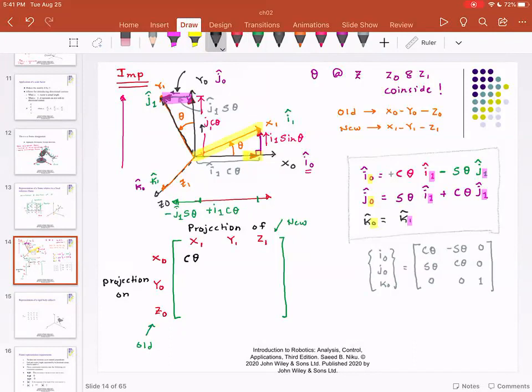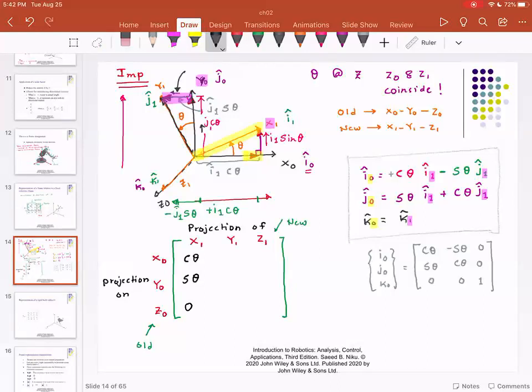Projection of x1 onto y0 is what? Sine theta. Just check this out. Look at x1 and look at y0. Y0 is here. X1 is here. And projection of x1 on z0, nothing. There is no projection. So 0.